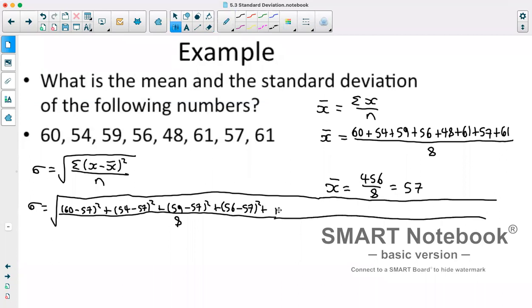Okay, so we have plus 48 minus 57 squared, plus 61 minus 57 squared, plus 57 minus 57 squared, plus 61 minus 57 squared. So I'll start by simplifying that numerator.